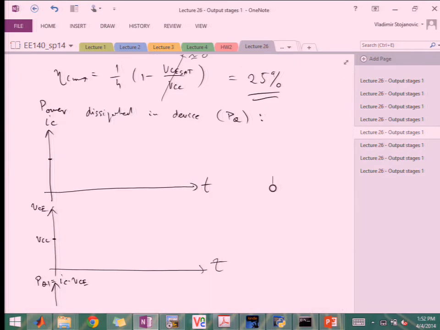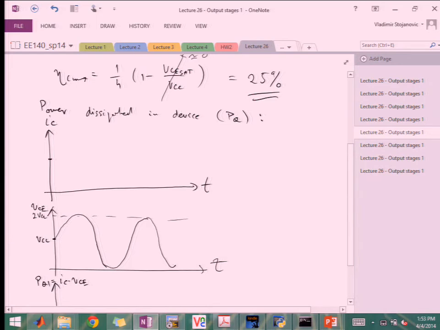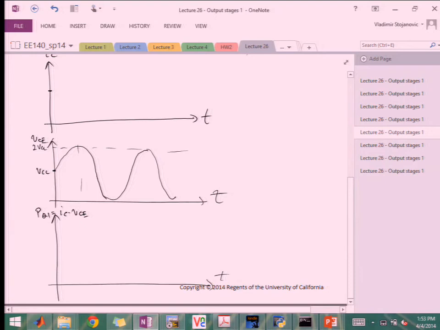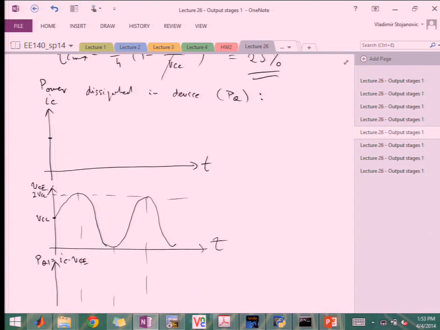We're going to go almost to 2 VCC. I'm going to neglect the VCE sat. You can assume that this is one period. And then the current has the opposite sign, but goes between IQ and 2IQ.